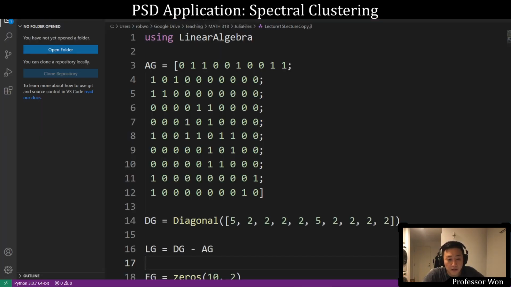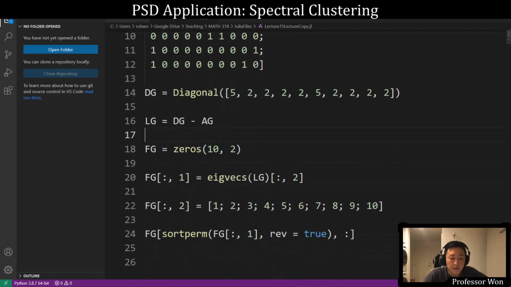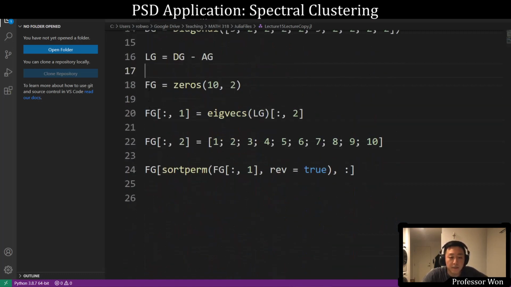Okay, so I've done this also in this file. Here I've set up a matrix that's 10 rows and 2 columns. The first column of this matrix is the Fiedler vector, right? This is exactly the command I used to get the Fiedler vector. And the second column of this matrix is the numbers 1 through 10, just telling you which of the eigenvalues it is associated with.